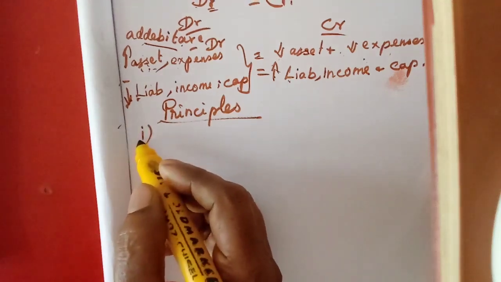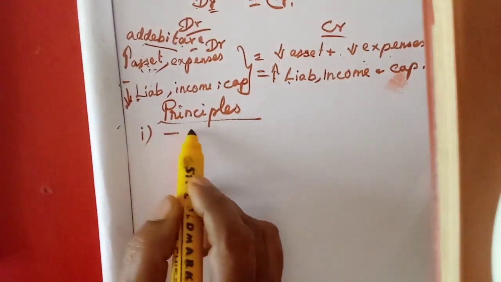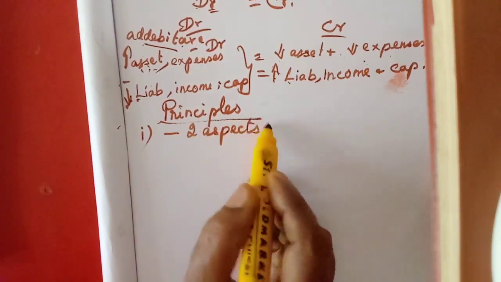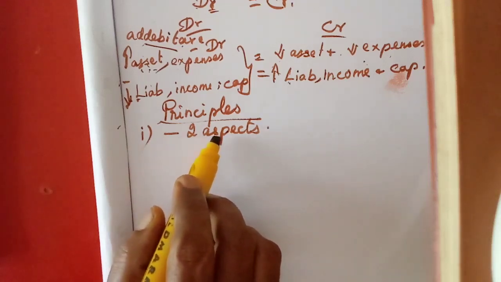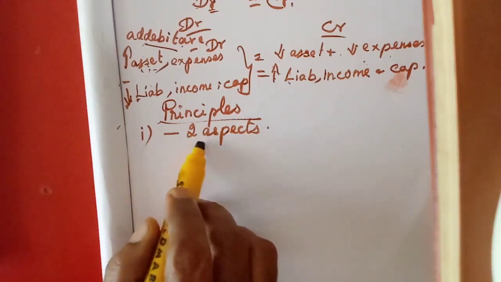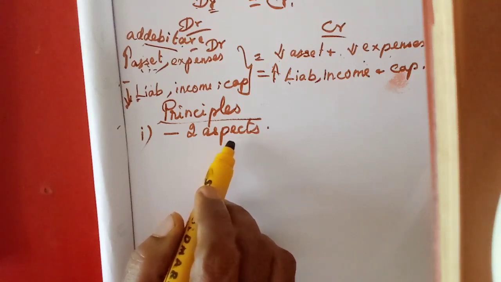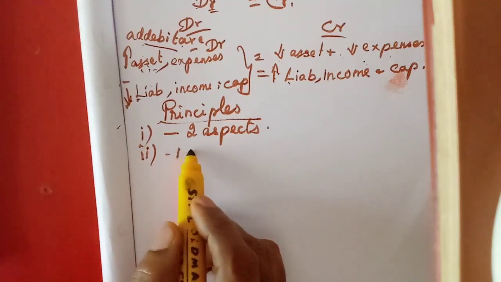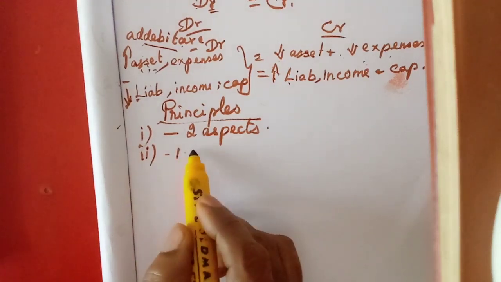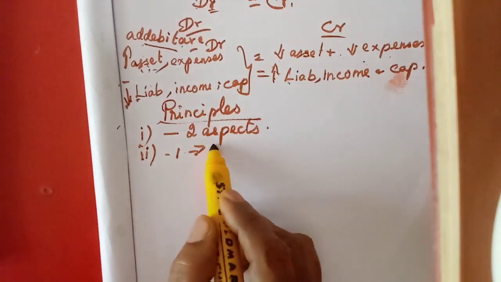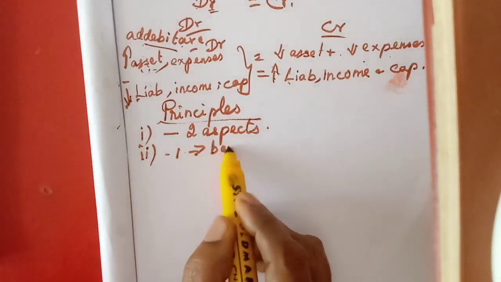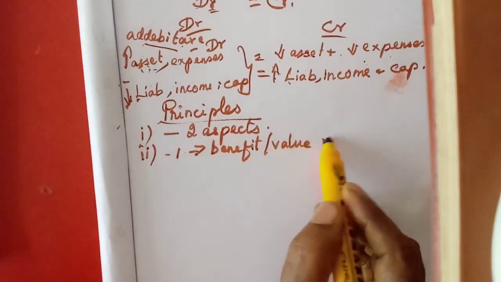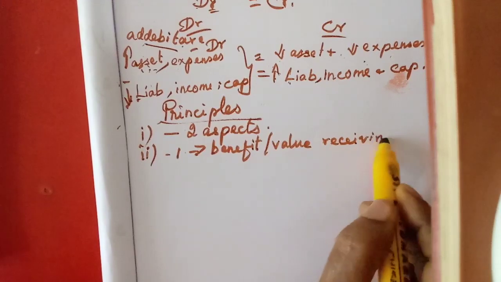What I have told you, for each and every business transaction there are 2 aspects. That is the first principle. For every financial transaction there are 2 aspects. The second point is one aspect will be the receiving aspect, the benefit or value receiving aspect.